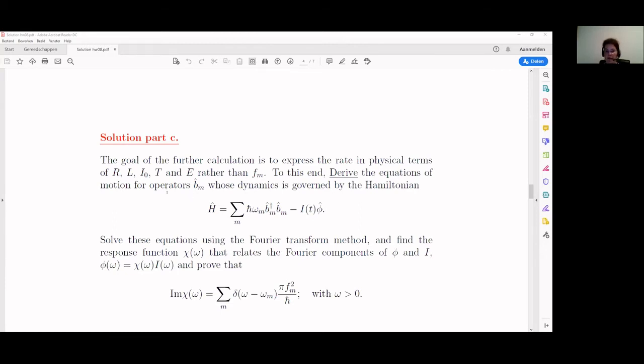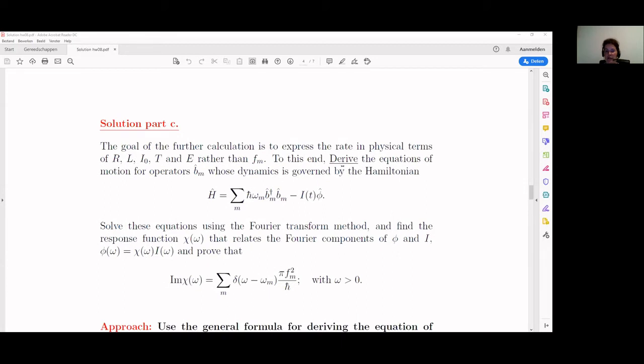So in part C, first we have to derive the equations of motion for the operators Bm and Bm dagger. These operators are governed by this Hamiltonian, which is also given here. So there is h bar omega m b dagger b minus another operator that also depends on these creation and annihilation operators, b for the bosons, via this phi.